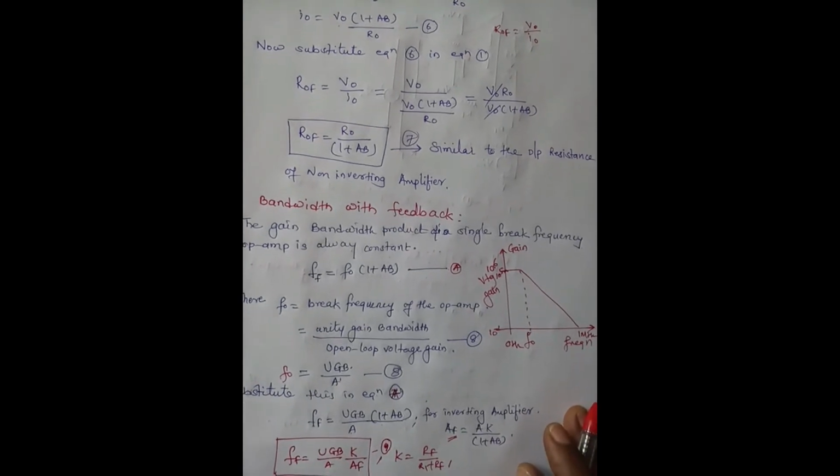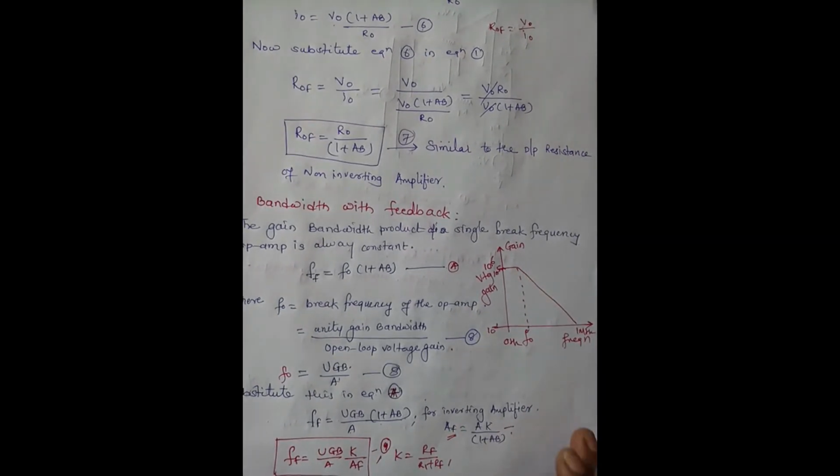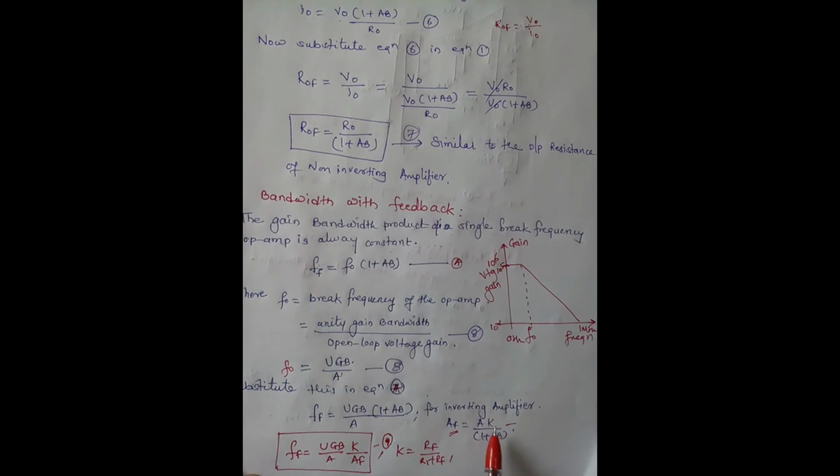Okay. So we had already derived this gain equation. Now when we rearrange this equation, 1 plus AB by A is K by AF. So the bandwidth with feedback is UGB by A into K by AF.